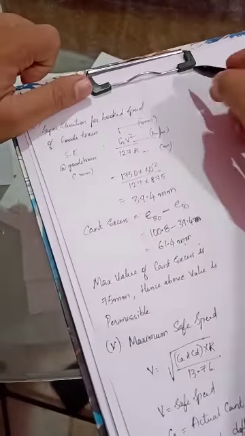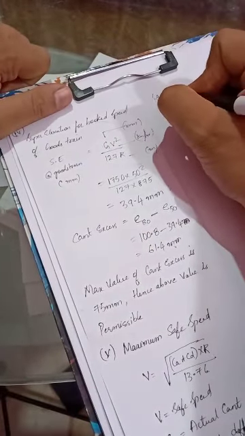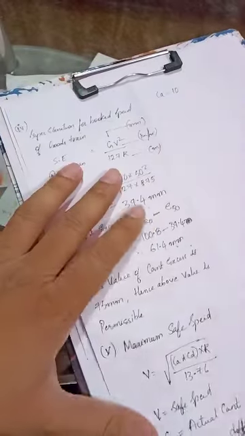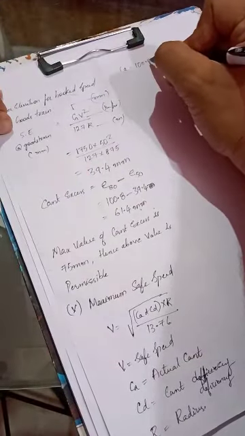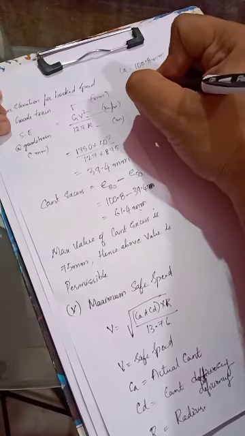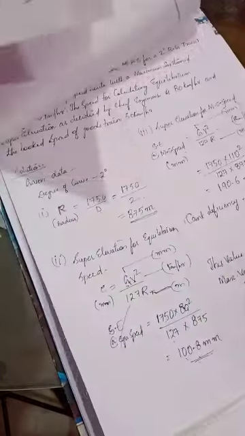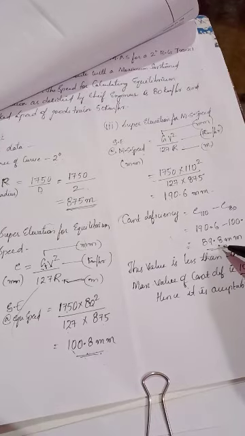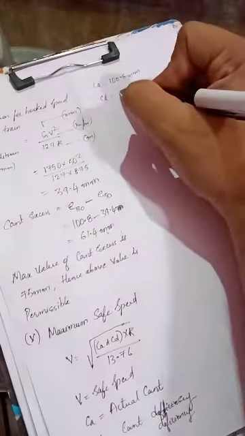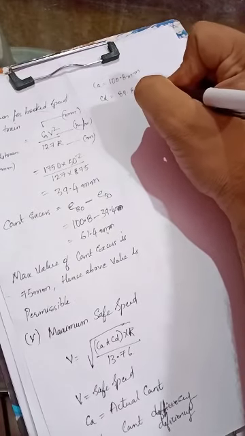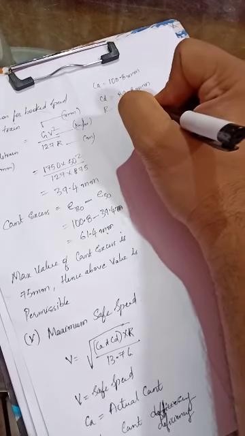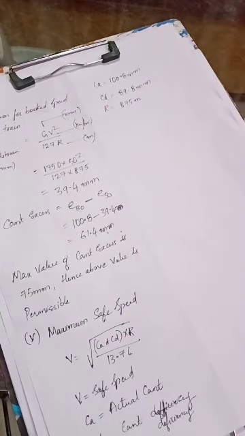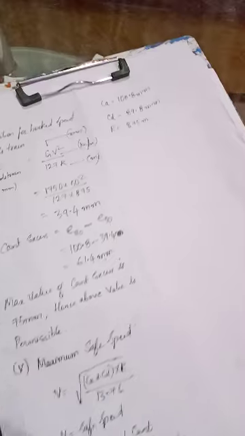So here we will take value of CA as 100.8 mm. CD is 89.8 mm. R is 875 meters. This all we need to substitute in the formula.